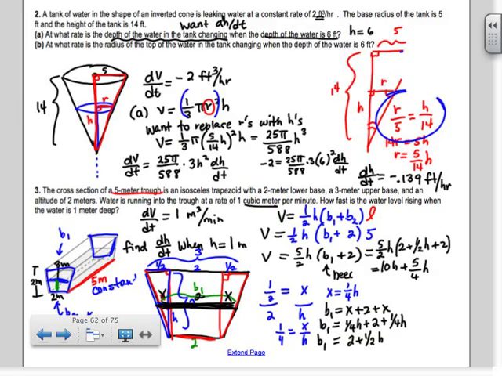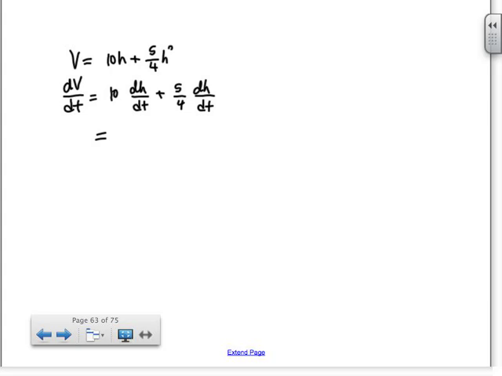So you get 10 dh over dt plus 5 over 4 dh over dt. Your volume is 1 and h is 1. Did I leave off the squared? Yeah, I left off a squared somewhere. 5 over 4h squared. So this is going to be 5 over 2h.